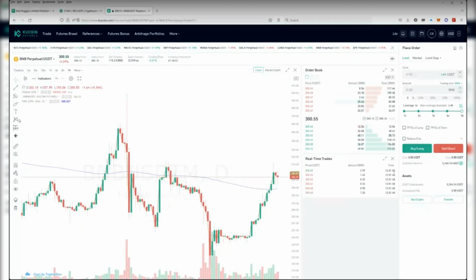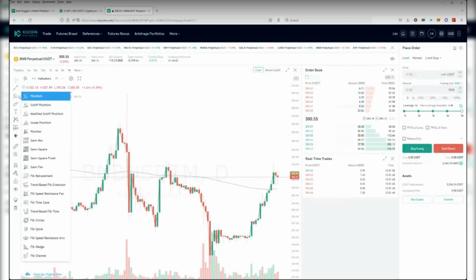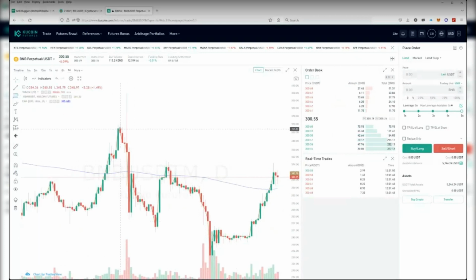So I'm gonna draw my Fibonacci. Where is it on here? Fib trend-based extension. I think it's just the one.